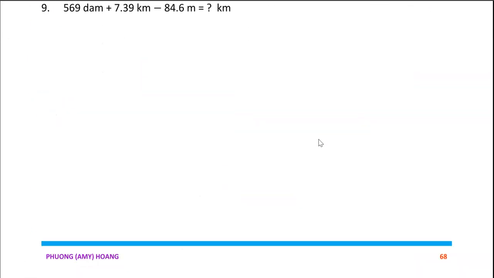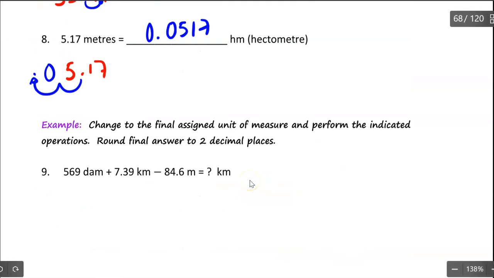Okay, so for this particular example, I'm asking everyone to change to the final assigned unit of measure and perform the indicated operation. Round final answer to 2 decimal places. So I have 569 decameters, adding that with 7.39 kilometers, subtract 84.6 meters, and I ask everyone to put the answer in kilometers. So what you need to remember is this: in addition and subtraction, we should have the same unit to work with.